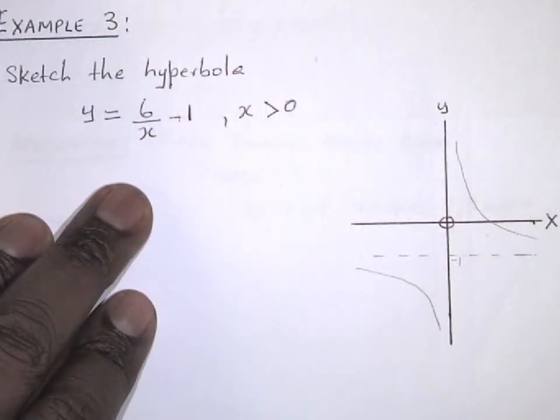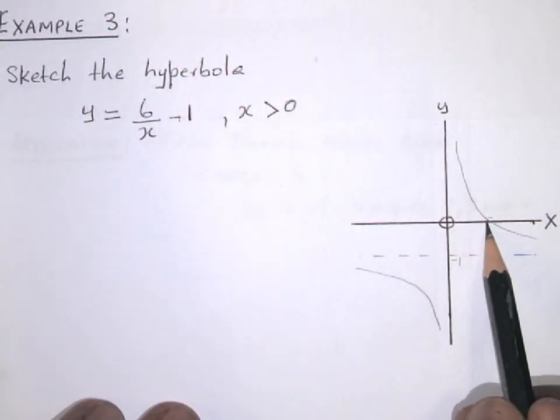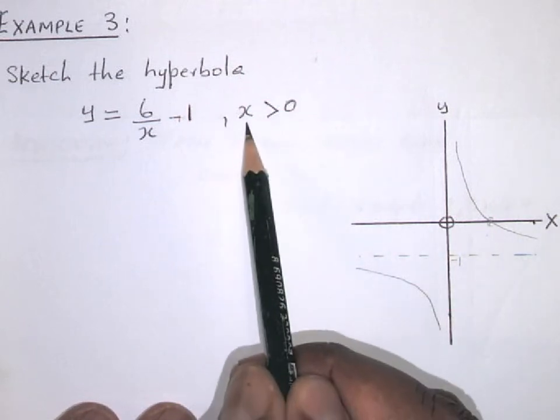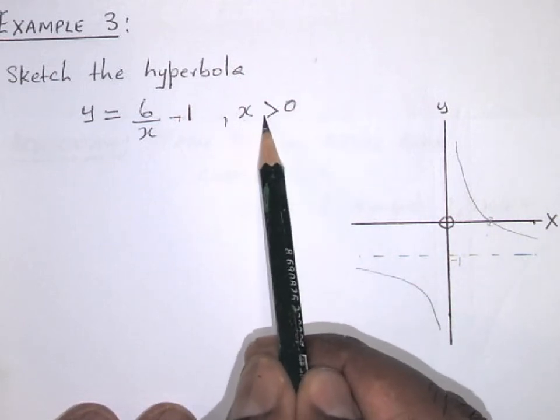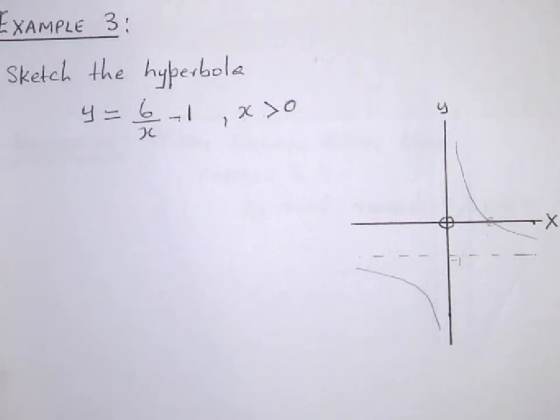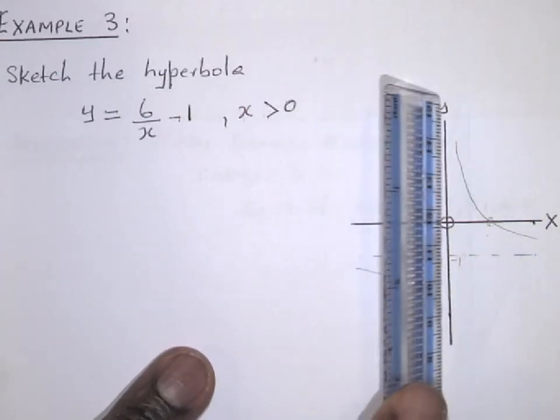Okay, but now because the graph cuts there on the x-axis, we've got to find the value of x there. But there are things that you need to know. They said they only want the graph where x is greater than 0, meaning that they are looking for the part where x is bigger than 0.